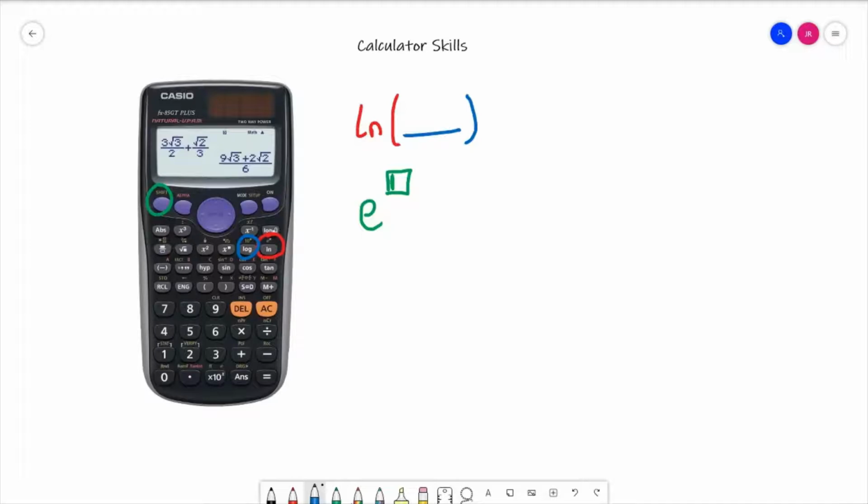That puts our logs in base 10 rather than in base E, which will give you completely the wrong answer. So always look for the button that I've circled in red, and for the purposes of physics anyway, avoid the button that I've circled in blue.